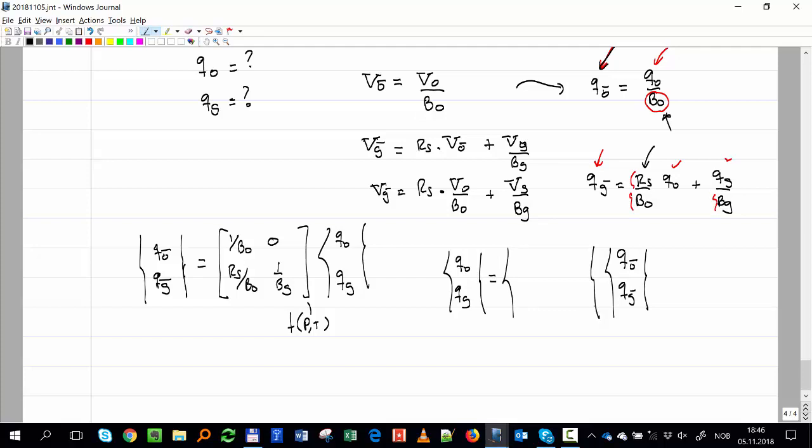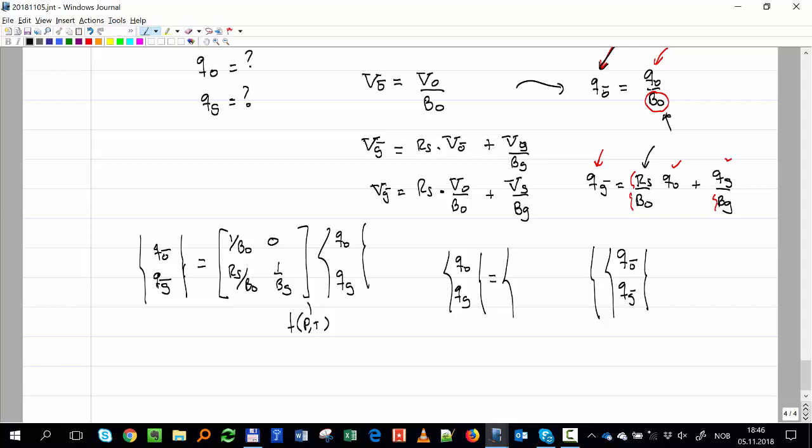So what are these coefficients? I have to do a matrix inversion, right?